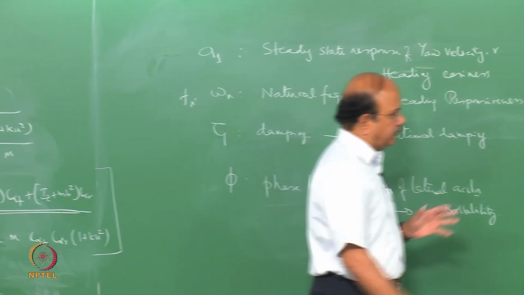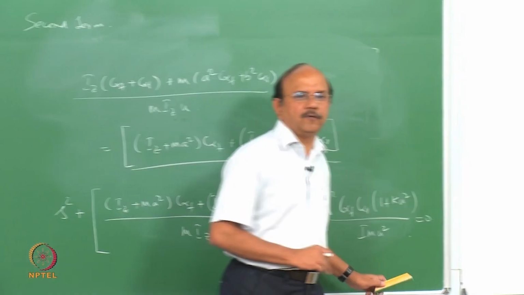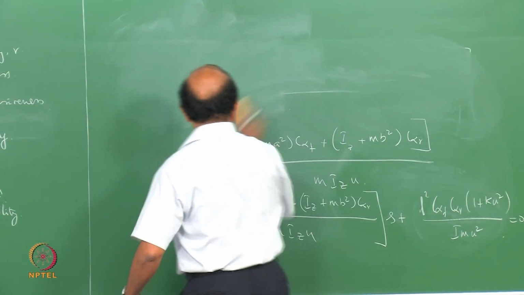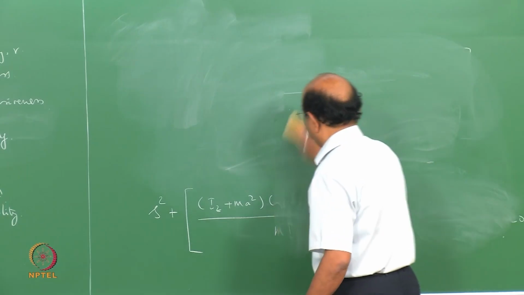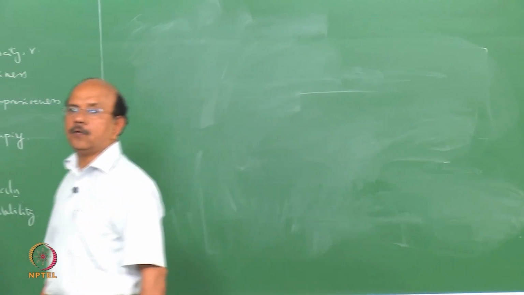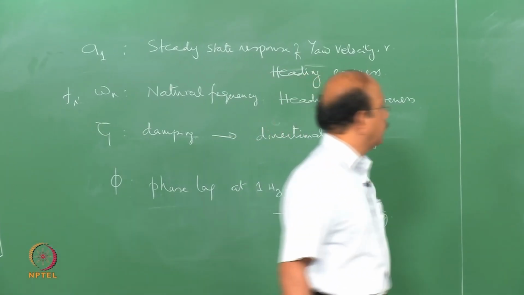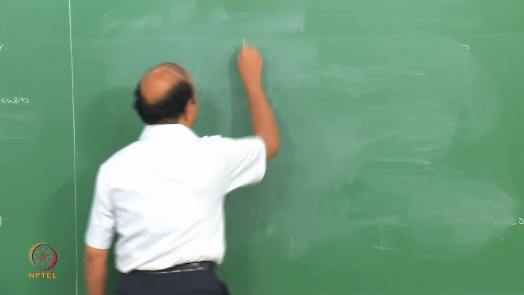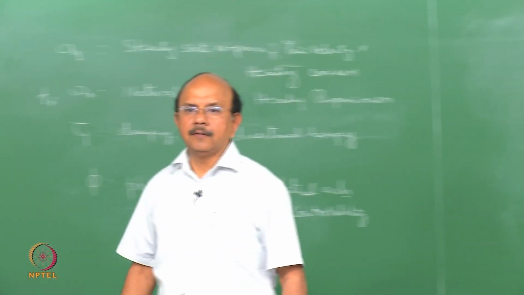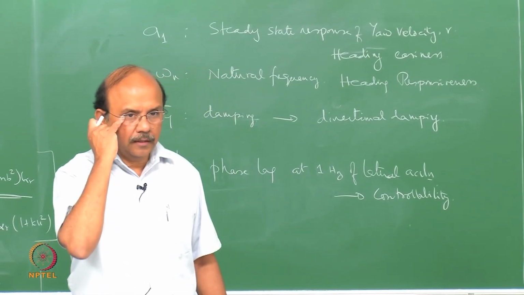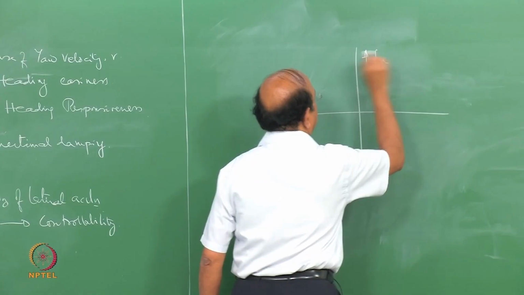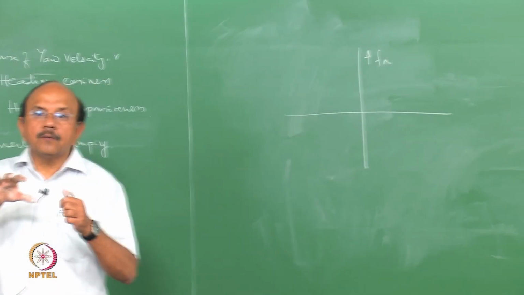Now what Mimuro did, this is not very difficult physics, all of you know this. What Mimuro did was to plot this as a rhombus. So how did he do that? In a very, I would say, interesting fashion. He had the natural frequency Fn in one of the, see there's no 2 axes.